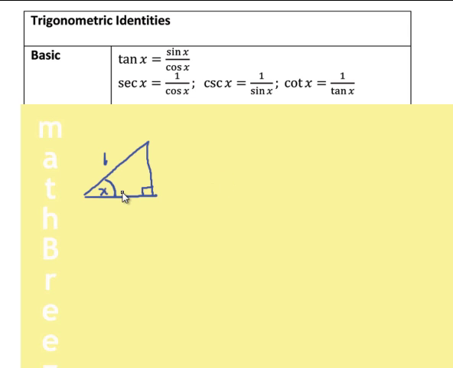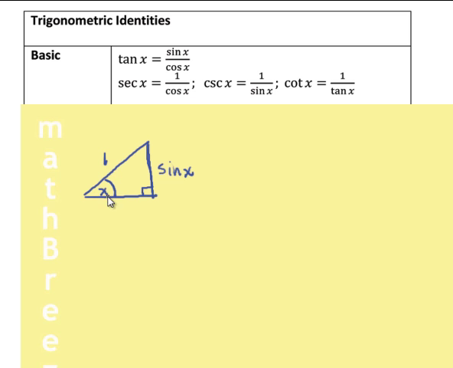Well, we know that sine x is equal to this side over this side, opposite over hypotenuse. So that means that if this is 1, this side must be actually sine x itself, because sine x is equal to this side over 1.